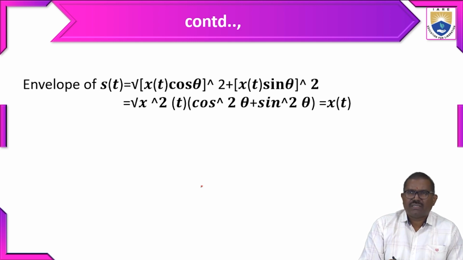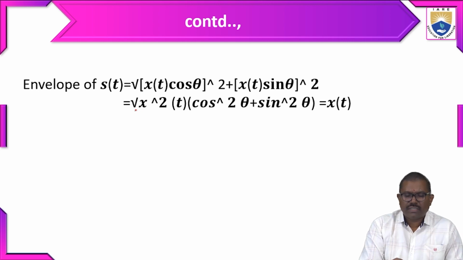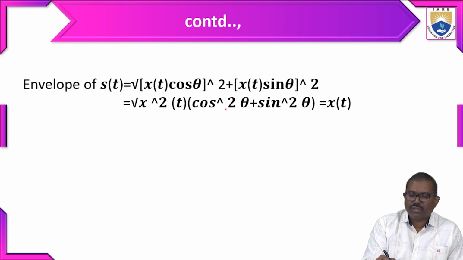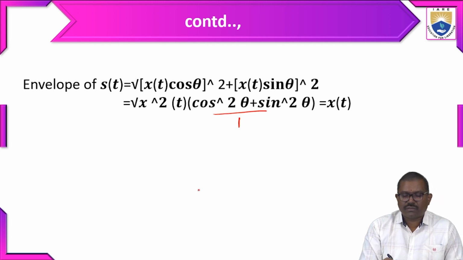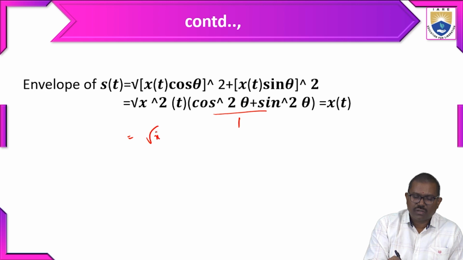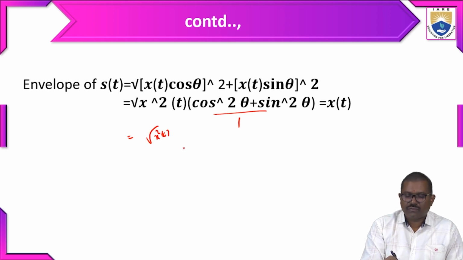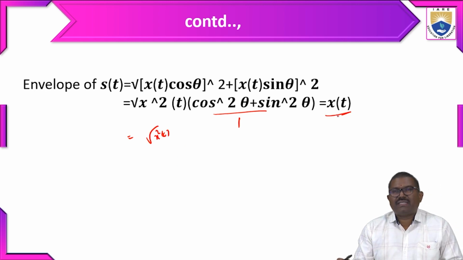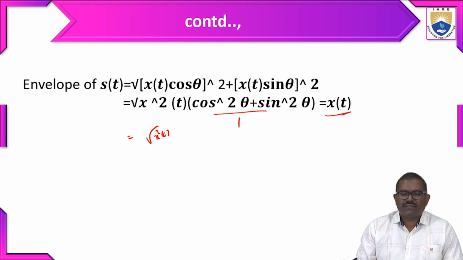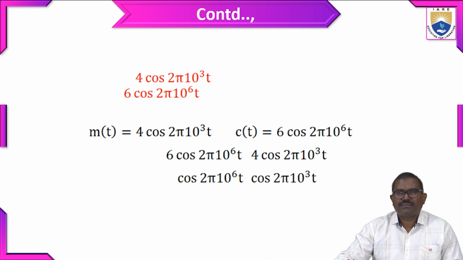Finally, you take it as the square root of x squared(t) times (cos squared θ plus sin squared θ). What do you get? Cos squared θ plus sin squared θ gives 1. And now this is the square root of x squared, so finally the value is x(t). So this is the third problem.